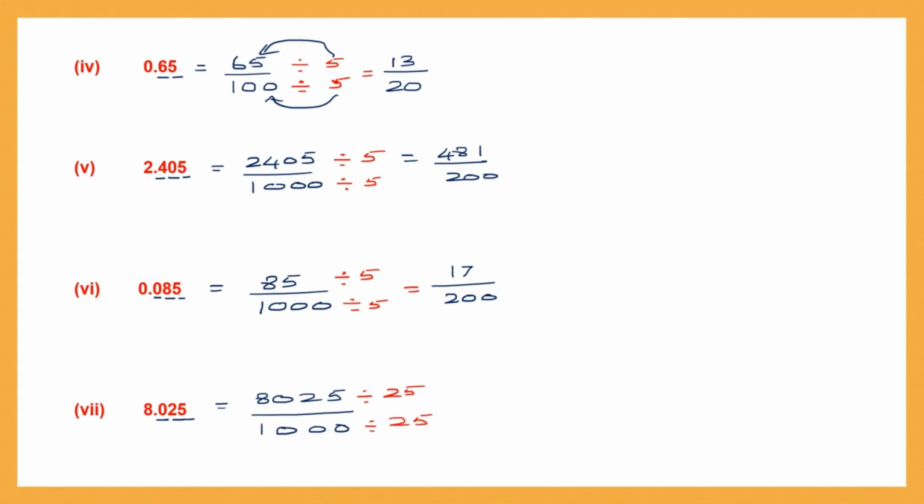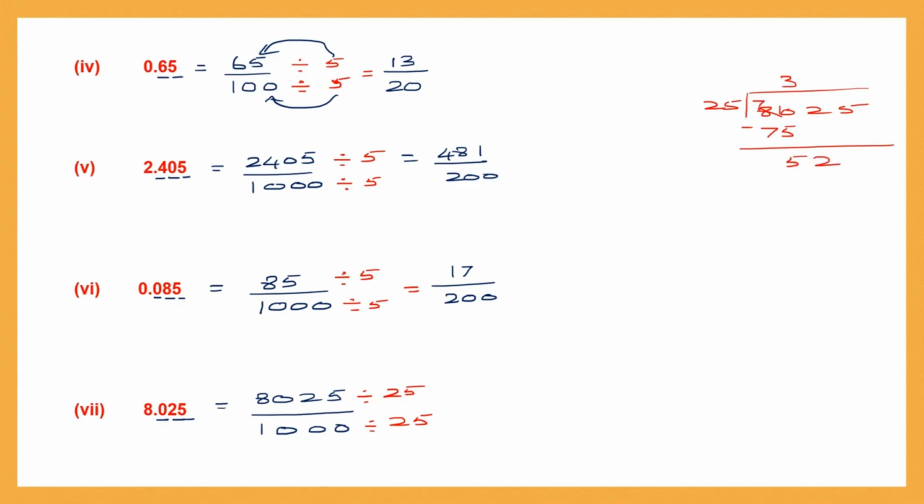Now children, you can also start by dividing it by 5 and then divide it once more to reach the lowest term. So here I'm dividing it by 25. So let's divide 8025 by 25. So this is 25. 3s are 75, minus, now here I'm going to borrow. So 10 minus 5 is 5.